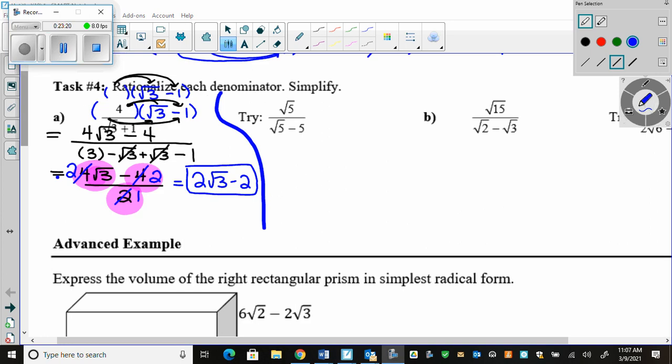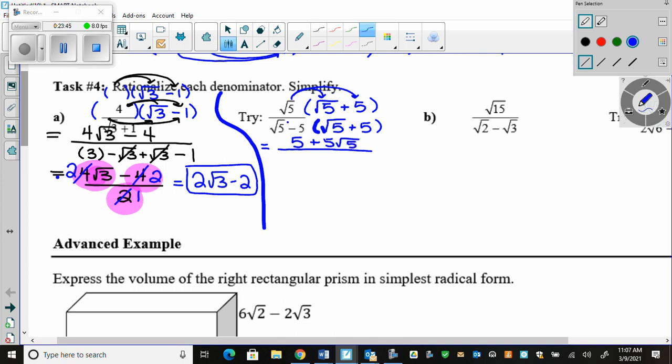So this one, we're going to multiply by the conjugate, which is root 5 plus 5. So I'm going to go root 5 times root 5, which equals 5. And then root 5 times 5 is 5 root 5.